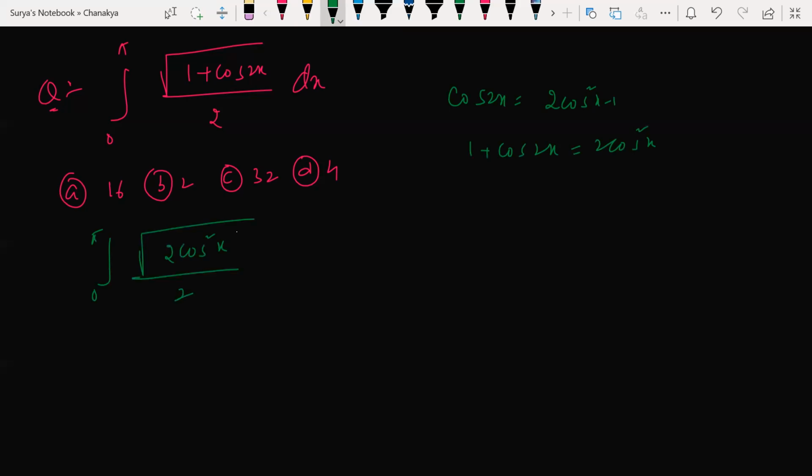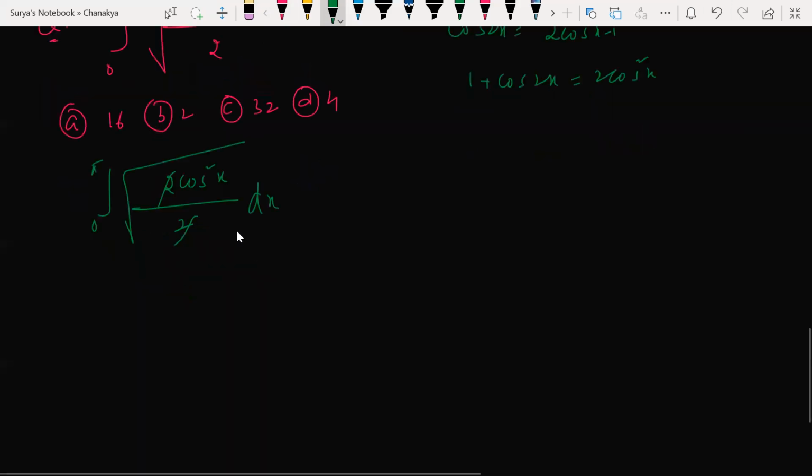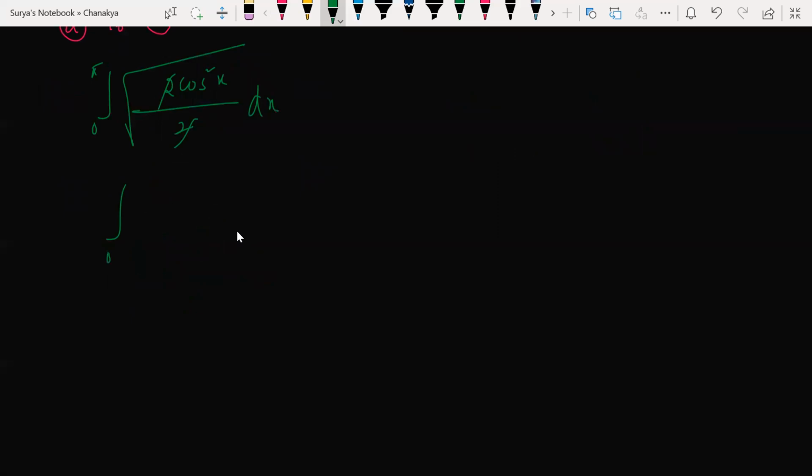Correct? So in fact, you have square root inside. Two will get cancelled, into dx. So 0 to pi, cos x dx.